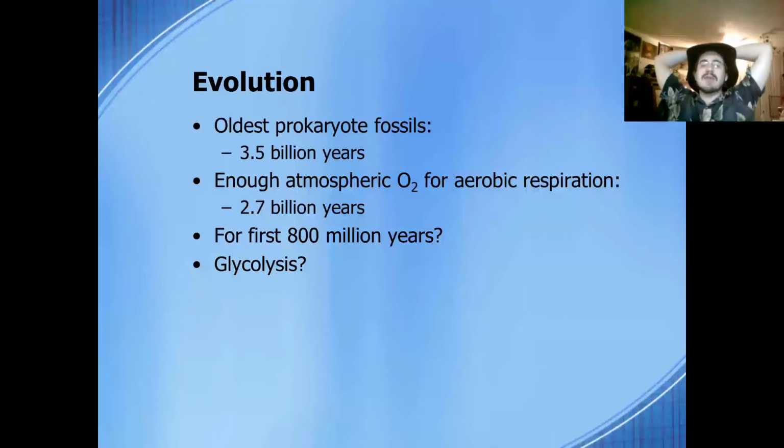And for 800 million years, it was all those organisms needed. But atmospheric oxygen increased 2.7 billion years ago, at which point organisms either went extinct because of that oxygen poisoning the atmosphere, or they adapted and were able to start up some aerobic respiration.